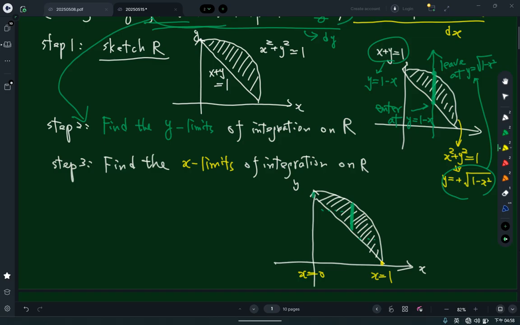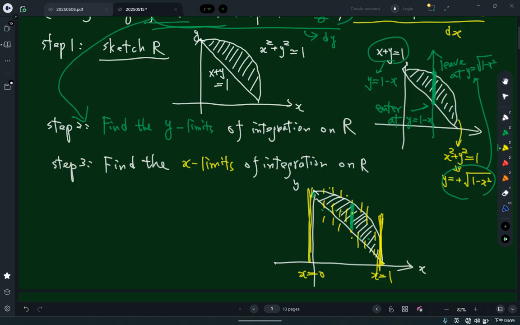You can see x from 0, then here, then here, and finally we will stop at x equal to 1. So we gradually collect the small slices. Then after we collect all, we finish the integration.